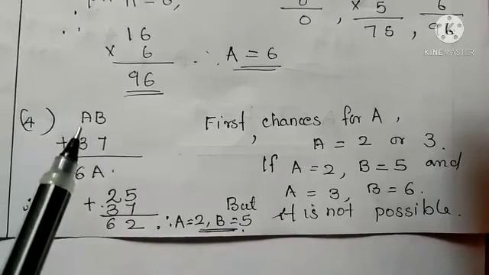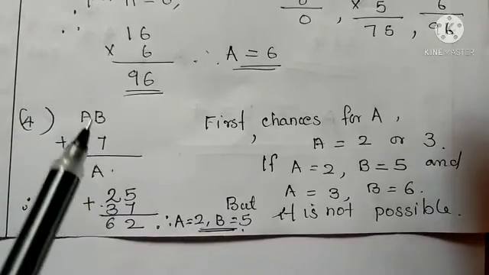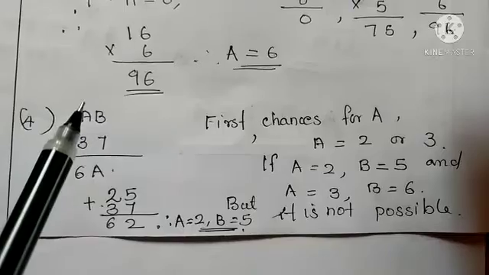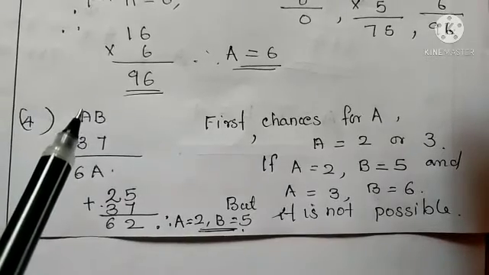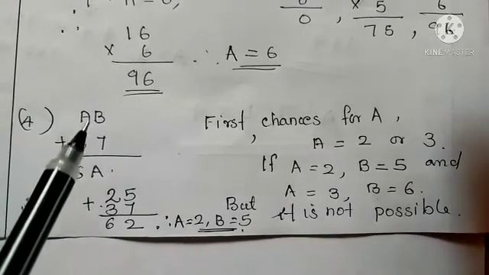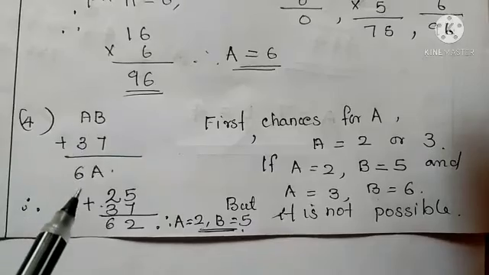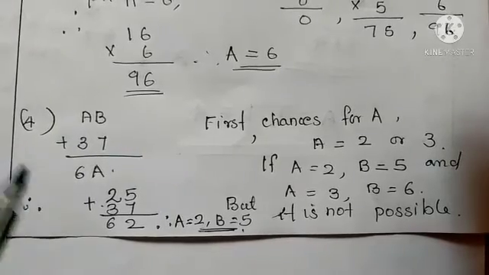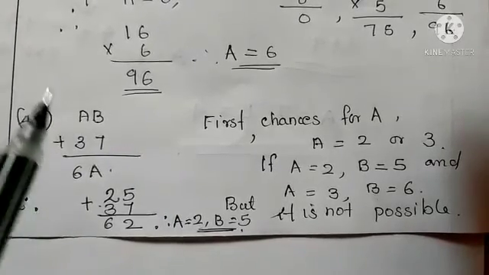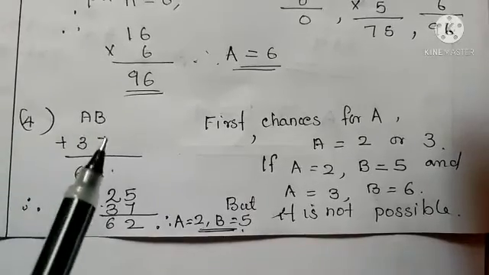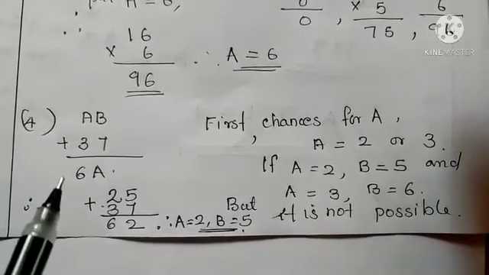If A equal to 2, if a carry comes from here, then A equal to 2 is possible. Or if A equal to 3 also, 3 plus 3 we will get 6. So two chances for A are A equal to 2 and A equal to 3.